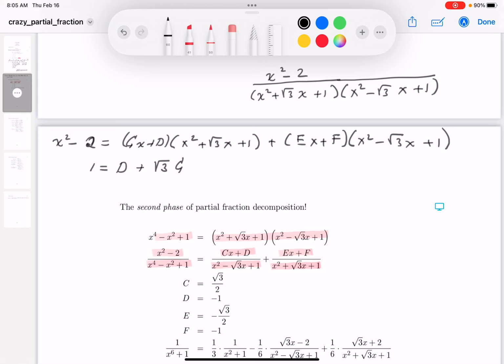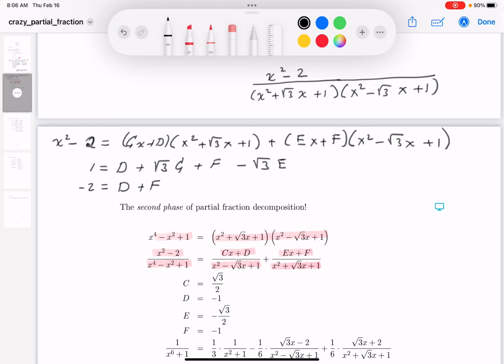It would be plus f, right, f of x squared, and you're going to get minus root 3 times e. All right, let's do the constant now, equating it, and that would be minus 2. And where would the constant come from? Well, you get d from the first term, and then plus f.